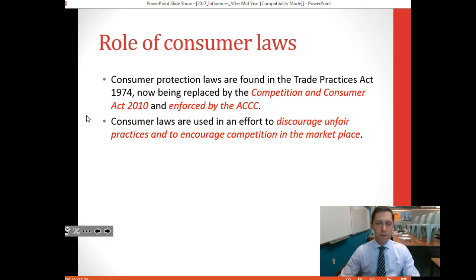There are 2 main things that Act, and consumer law, attempts to achieve: to discourage unfair practices, which could relate to deceptive or misleading conduct, for example, and to encourage competition, and that's why the ACCC is one of the enforcers of this law.